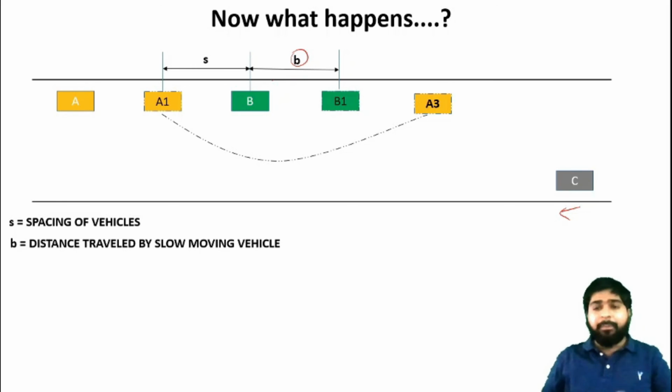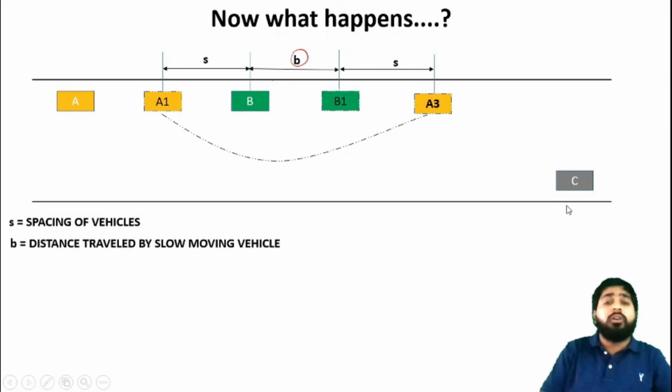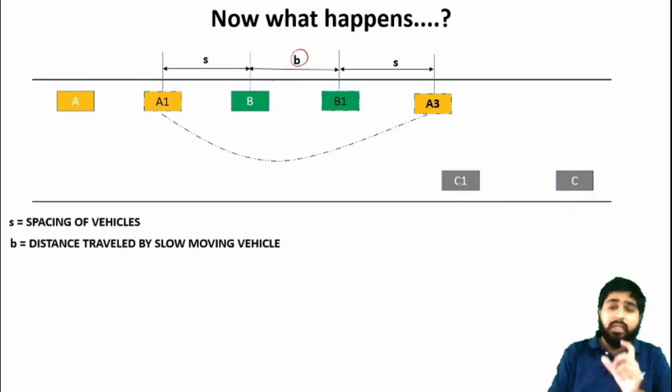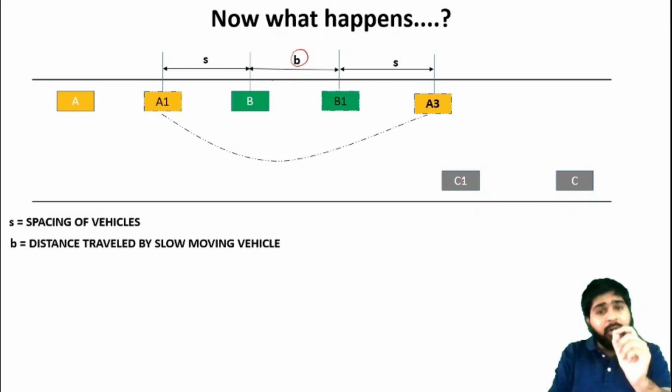Now, what happens? While A and B both are moving, the vehicle C is also moving in the opposite direction. So while all these things are occurring, vehicle C will also cover certain distance and it will reach at the point C1. While A overtakes B, C will also cover certain distance and will reach at the point C1.